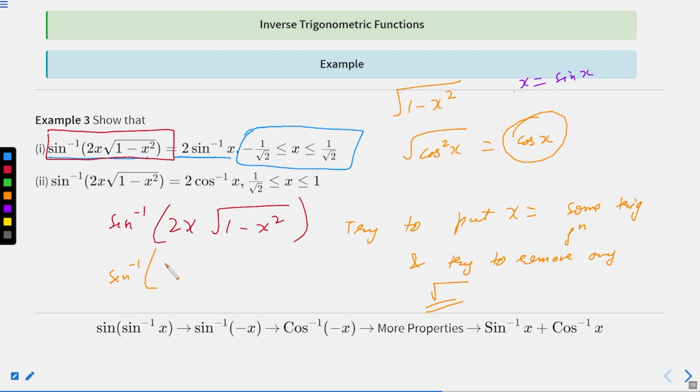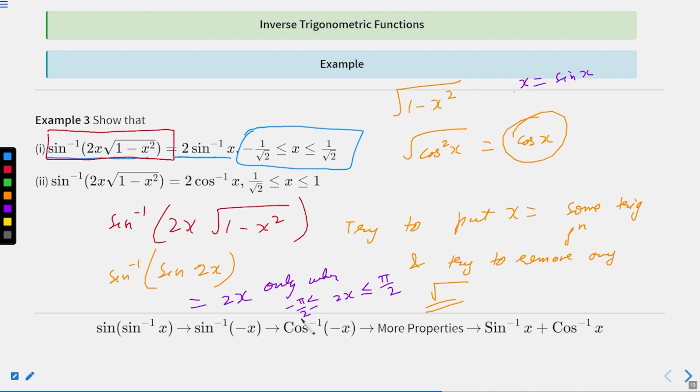So this means sine inverse of 2 sin x cos x, and 2 sin x cos x is sin 2x. From this what we know is that this is equal to 2x only when 2x is from where to where? 2x must be from minus pi by 2 to pi by 2.